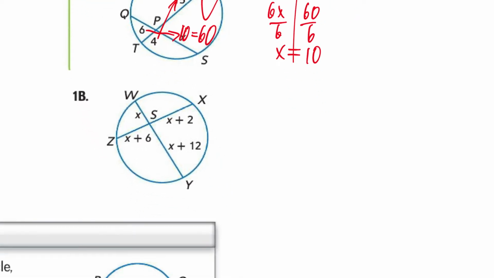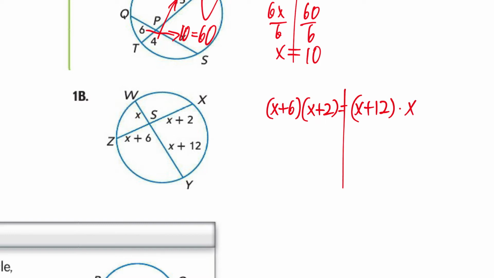Okay, on this one, x plus 6 times x plus 2 equals x plus 12 times x. So we have x squared plus 6x plus 2x plus 12 equals x squared plus 12x.